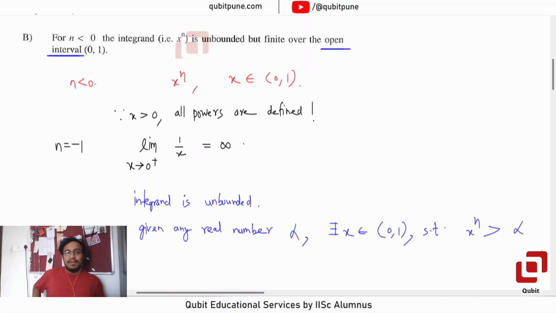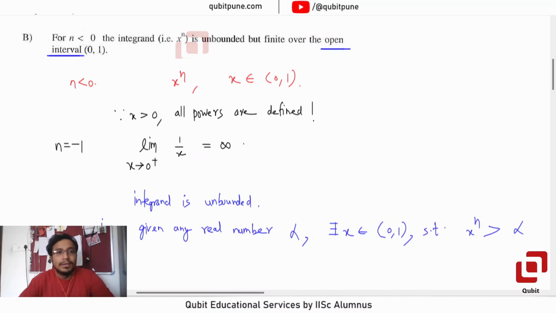That's what I mean when I say integrand. I'm not saying integral, I'm saying integrand. That is the function that we're integrating. Understood the blue text? Yes.